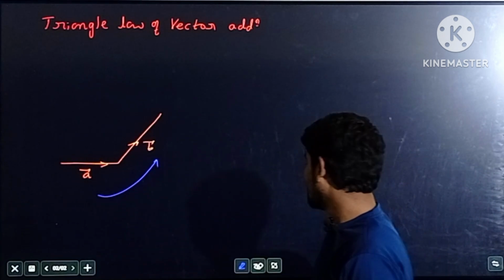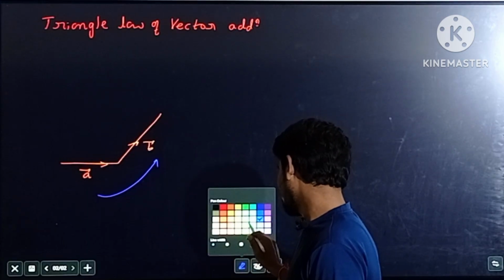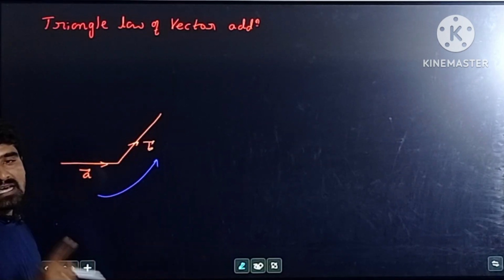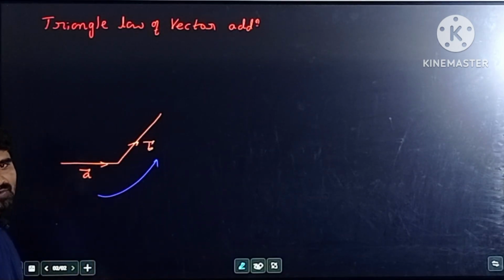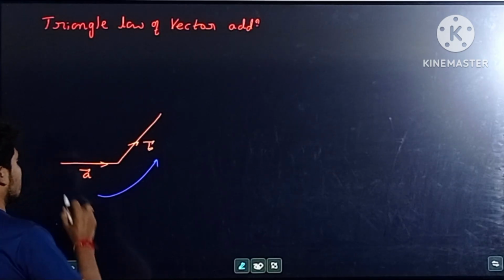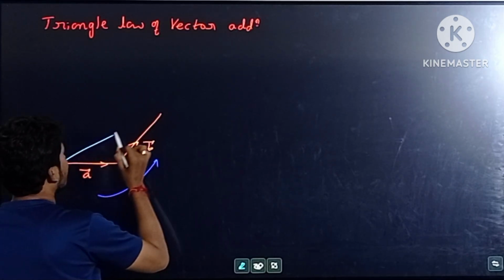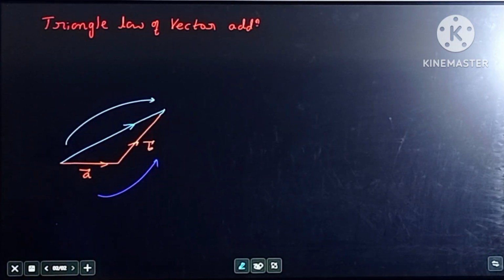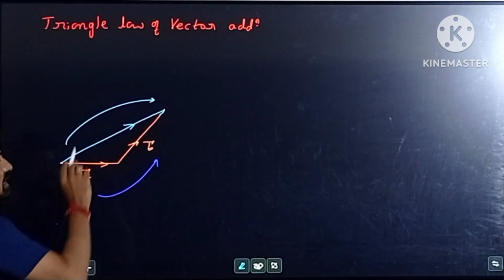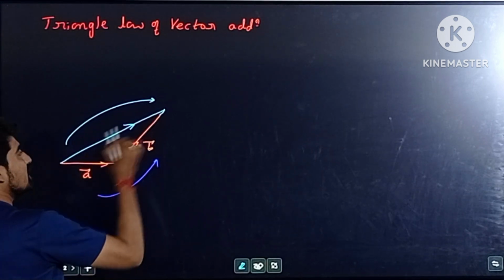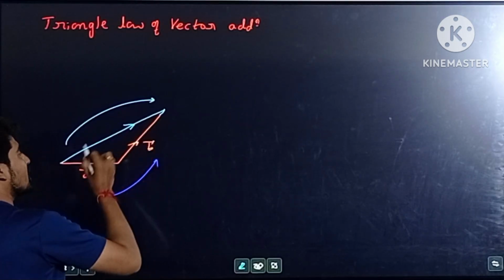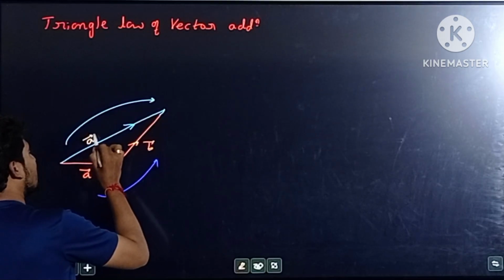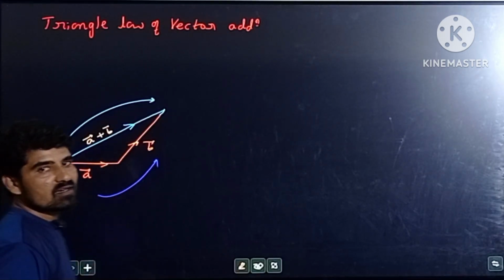Then the third side of this triangle, taken in reverse order, represents the resultant of these two vectors. Resultant in the sense of sum. So the third side of this triangle represents the sum of these two vectors, A vector and B vector. This is what we call the triangle law of vector addition.